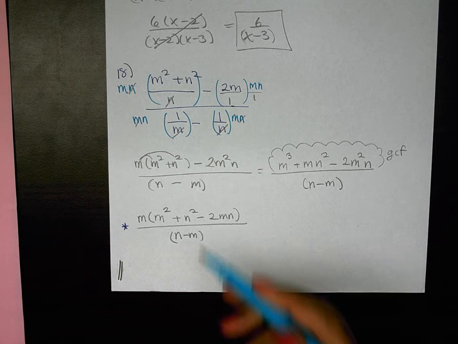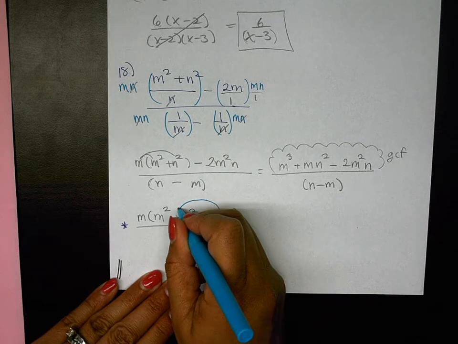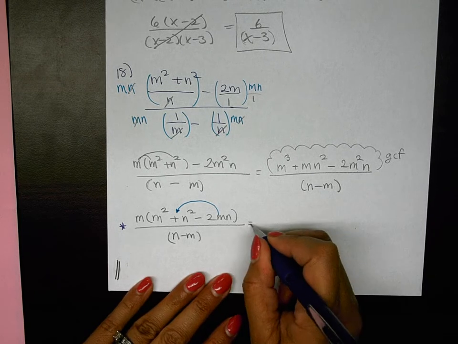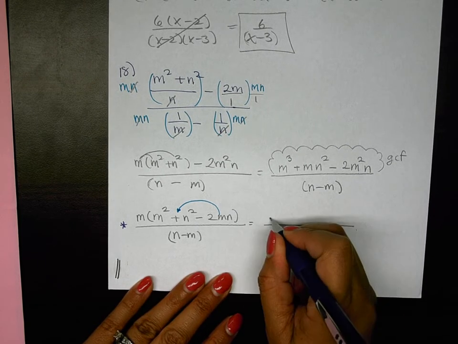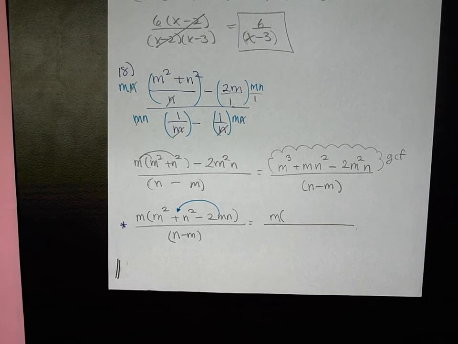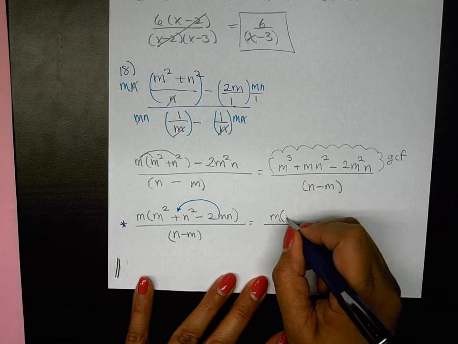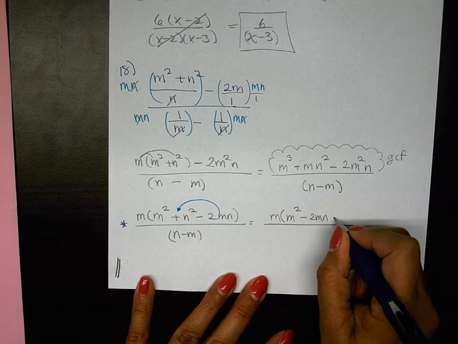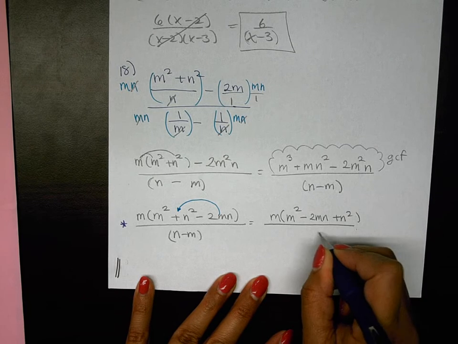We've talked a few times since we started the review about rearranging. We only talked about it maybe once or twice when we actually did the lessons, but we talked about higher level thinking and rearranging. So m squared minus 2mn plus n squared over n minus m.